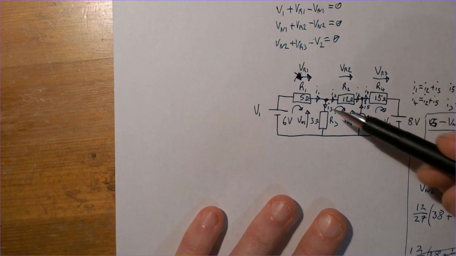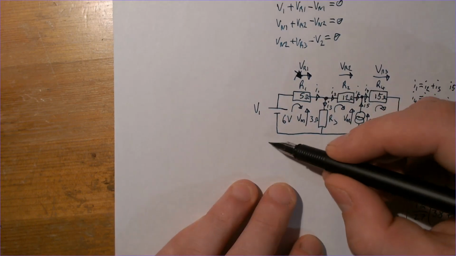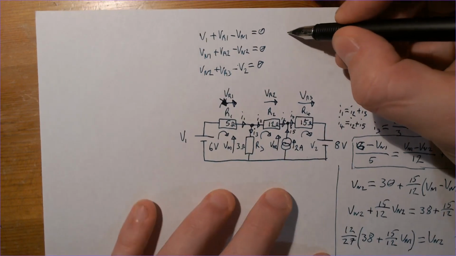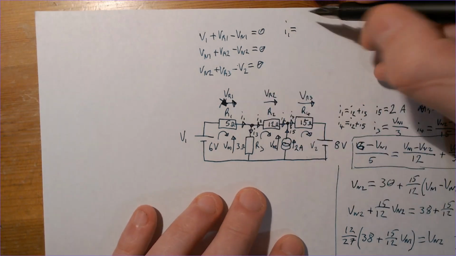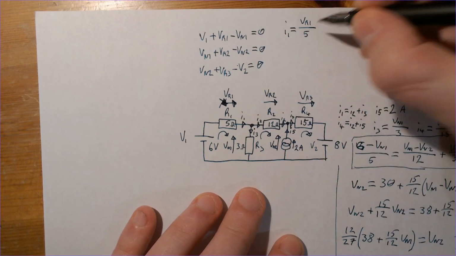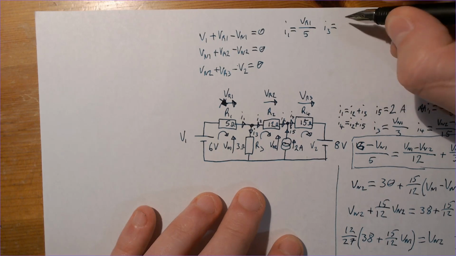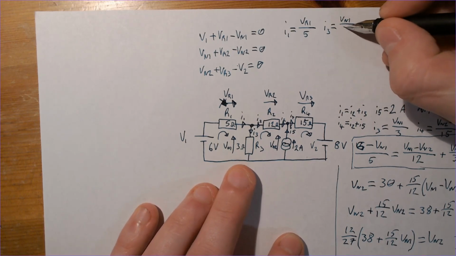Now we need the equations for current. So that's out over here. I1 equals VR1 over 5, we know that. I3 equals Vn1 over 3.